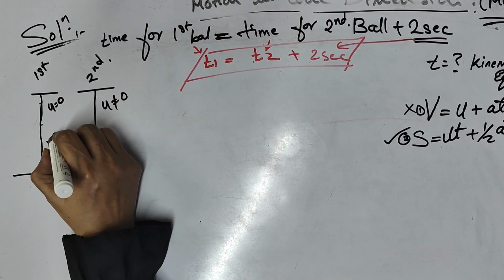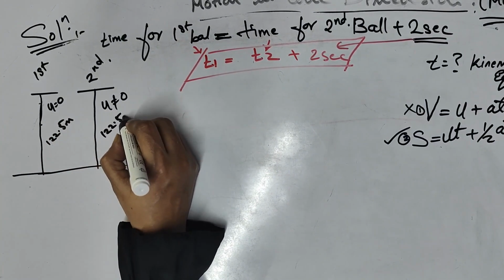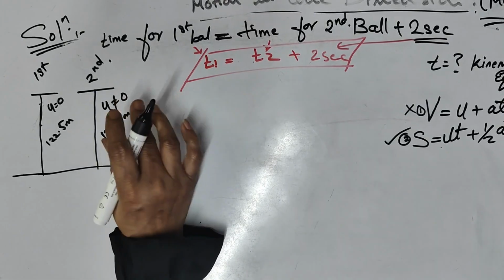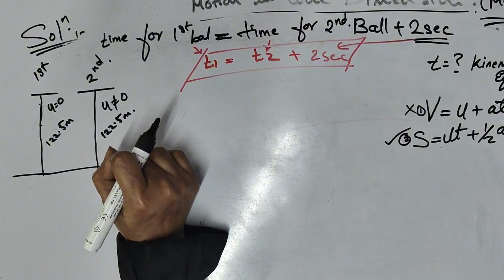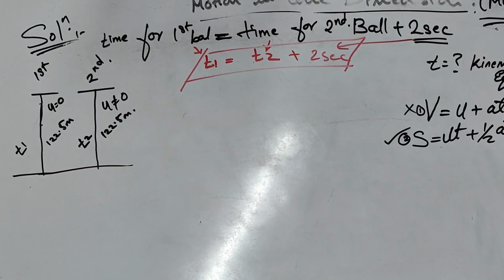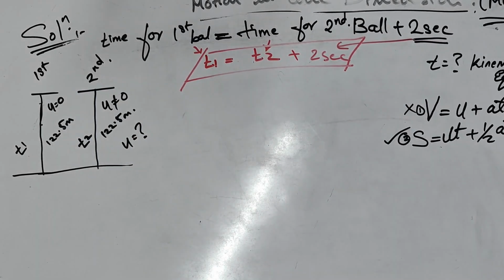And the height is 122.5 m. Here also the same height, isn't it? So here u is not equal to 0, and yeah, this is t1 and this is t2. Time taken is t2. So if it is not 0, then what is it?